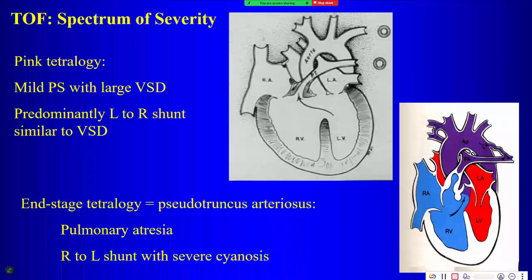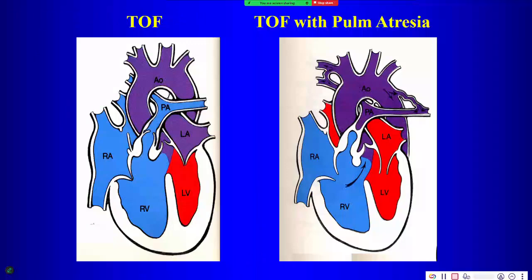And so there's going to be a lot of right to left shunting, and these patients will have severe cyanosis. And then the lungs may be supplied by these collateral vessels that come off of the descending thoracic aorta when you have that pulmonary atresia, the most severe form of tetralogy of Fallot.